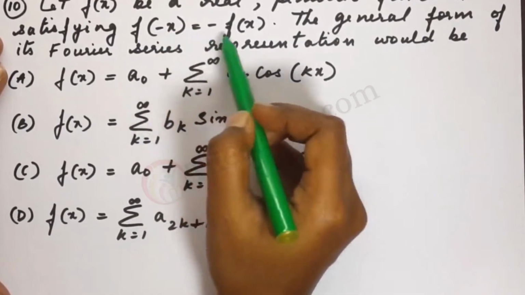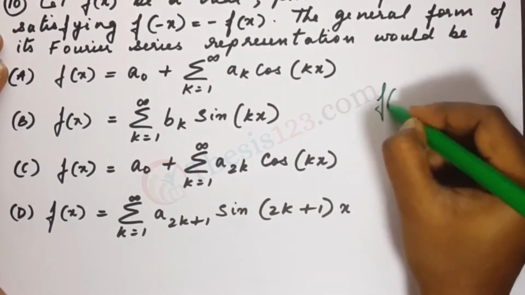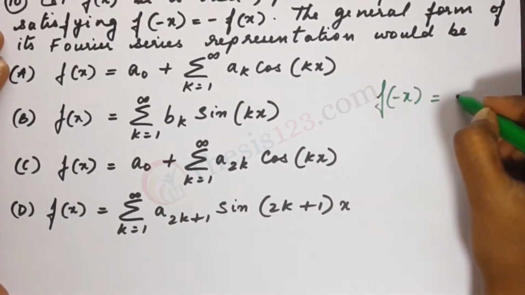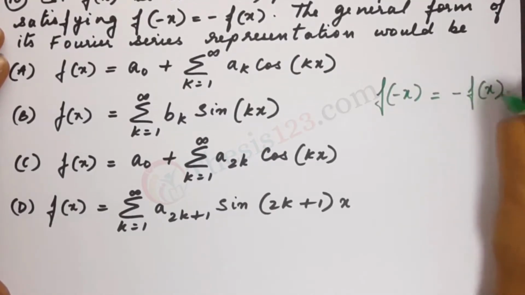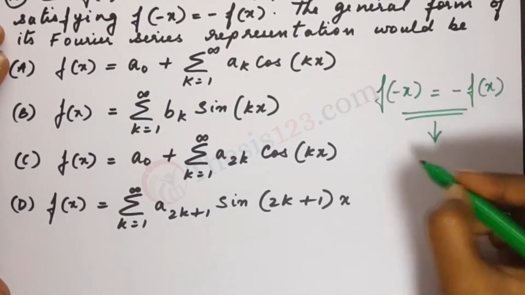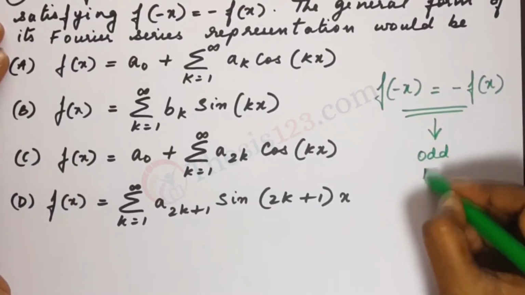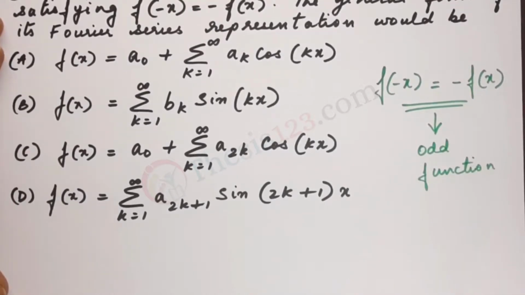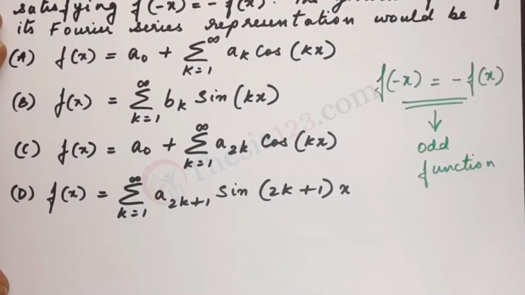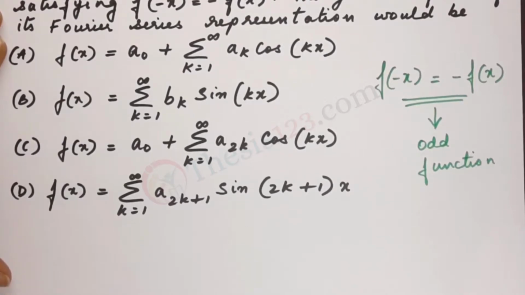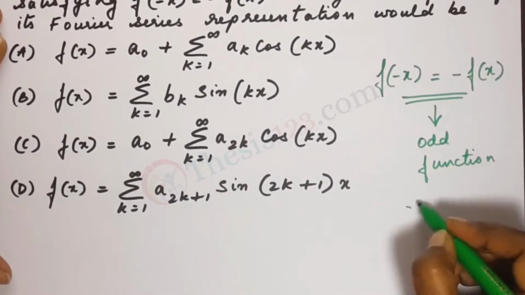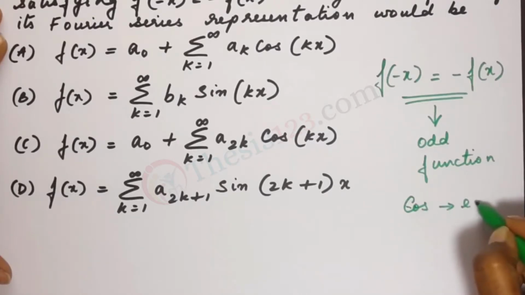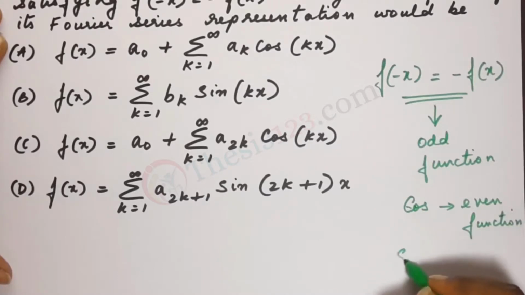Okay, so if you recall, this is quite familiar. So you see f of minus x, when this is equal to minus f of x, such a condition says that the function is an odd function. And again, if you go back and recall some of the basics of trigonometric functions, we see that cos is known to be an even function, while sine is supposed to be an odd function.